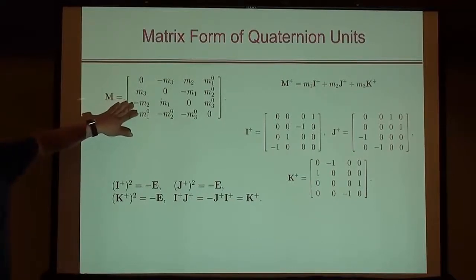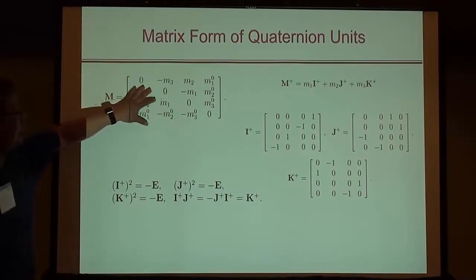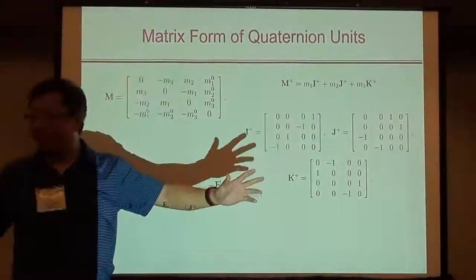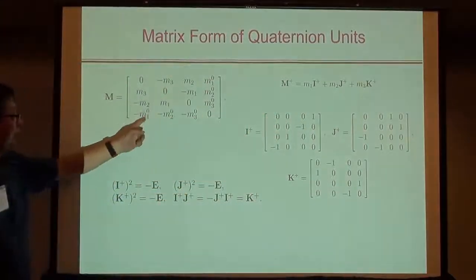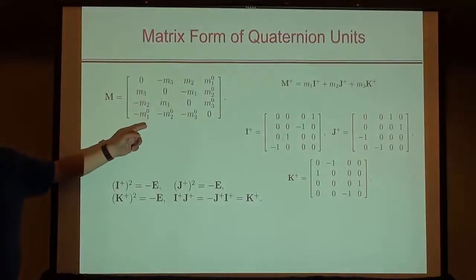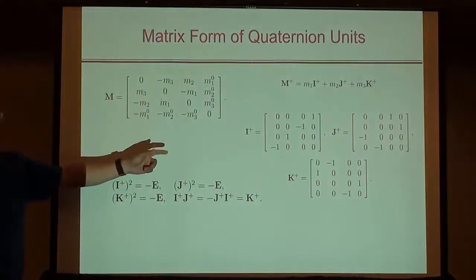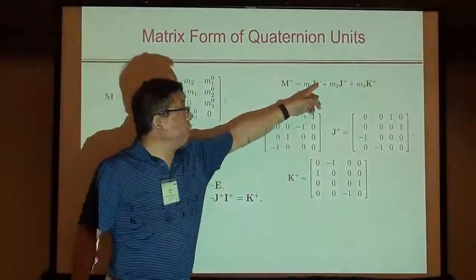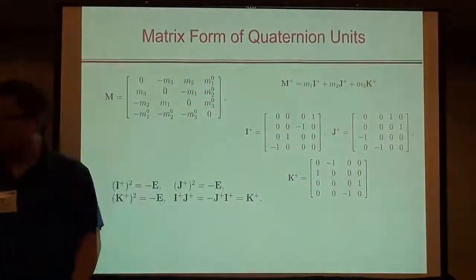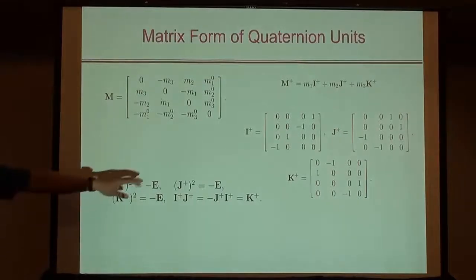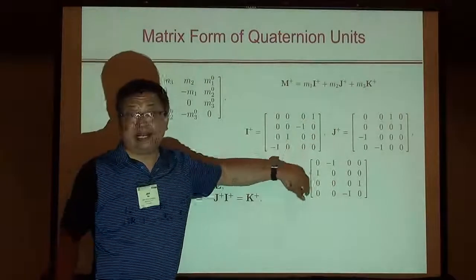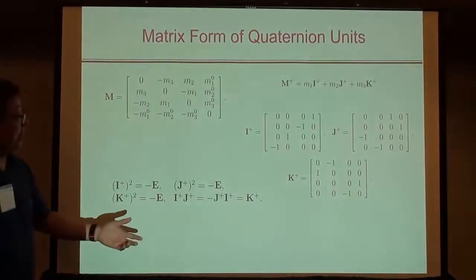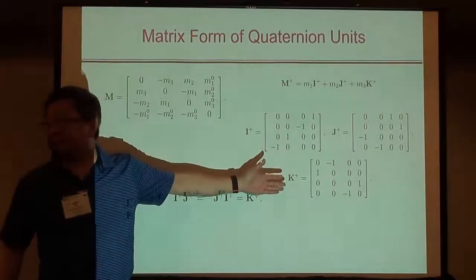And it turned out that we can represent this in this vector form, okay? Here we only have three components, n1, n2, and n3, right? So we can represent it in this form, and each one is a 4x4 matrix. Okay, I, J, and K, and they only consist of 0 and 1, and they are skew symmetric.